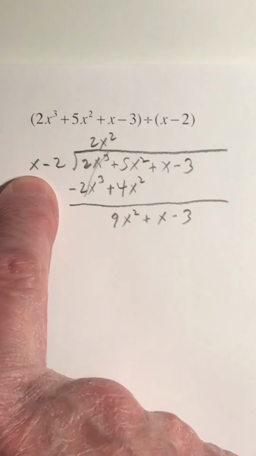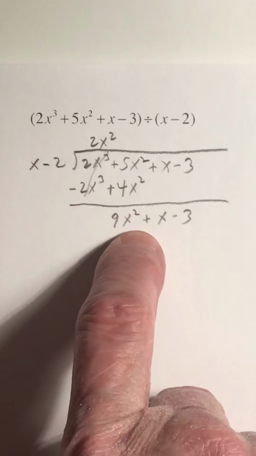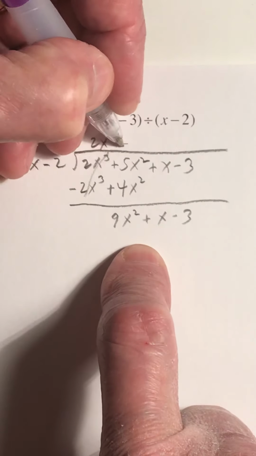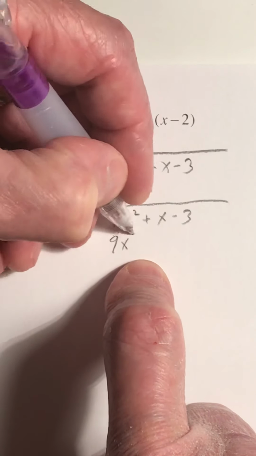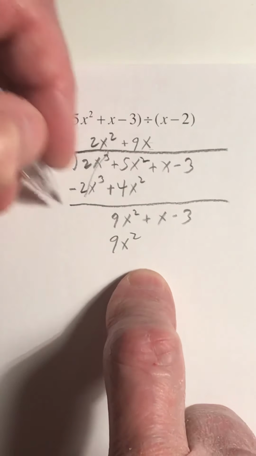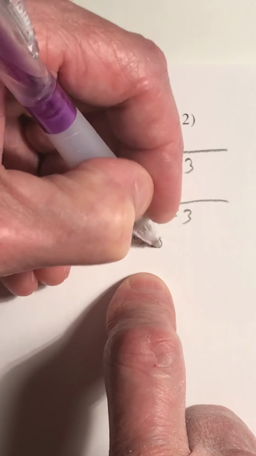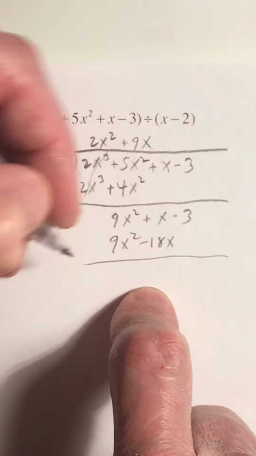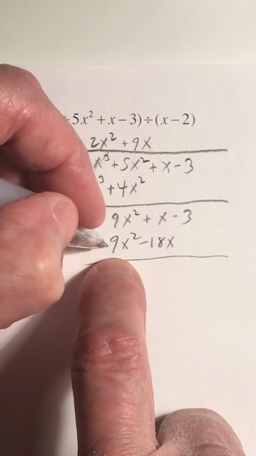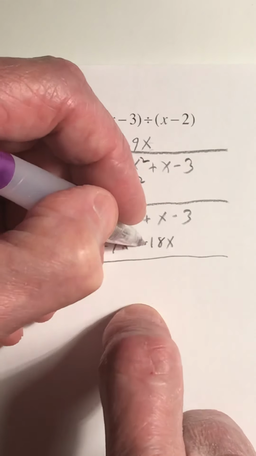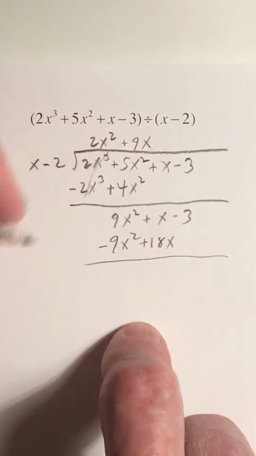And we say, what do we multiply x by to get 9x squared? That'll be plus 9x. 9x times x, 9x squared. 9x times minus 2, that's minus 18x. Don't forget about sign changing. That's positive, so it changes to negative. That's negative, so it changes to positive.